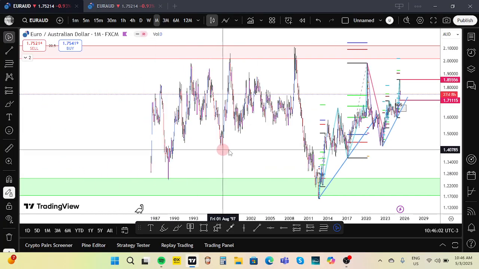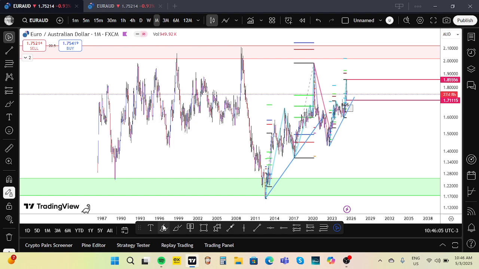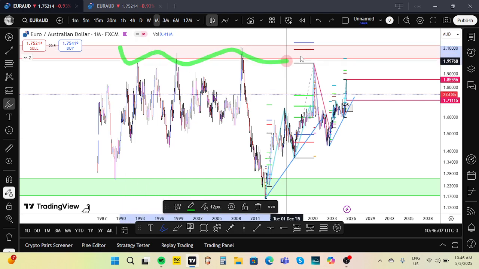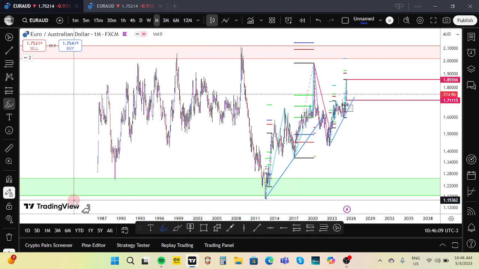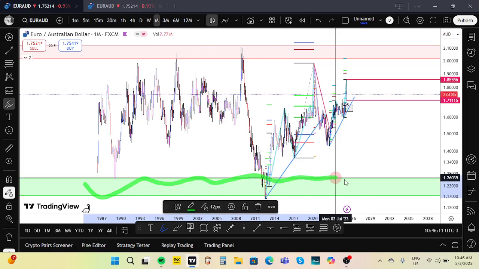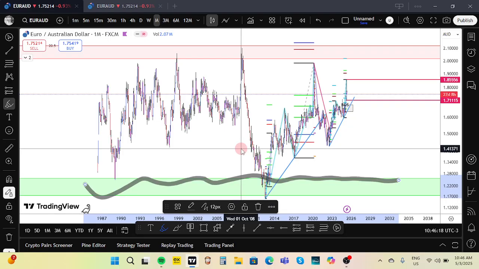I will always refer back to the monthly bands. We have the monthly resistance band and the monthly support band areas.